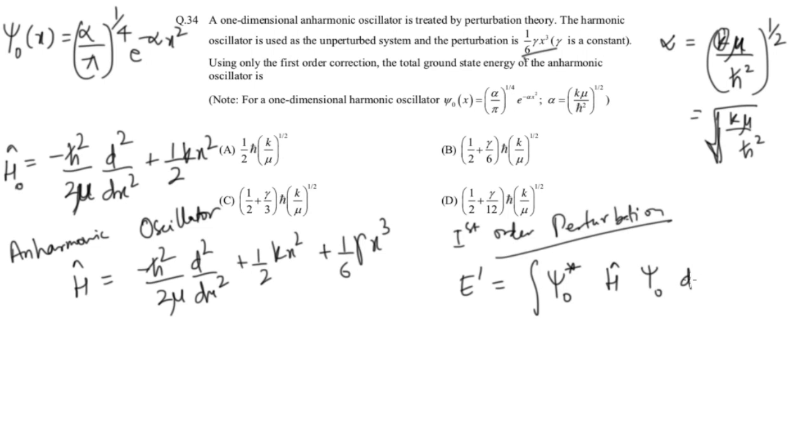Since we are in 1 dimension only, we have to use dx. So that's what your value will be. This is your energy for the first order perturbation.